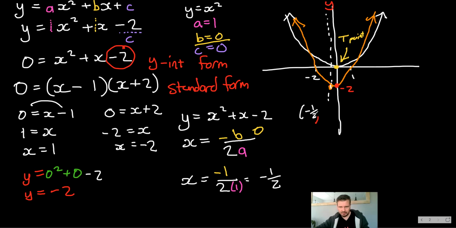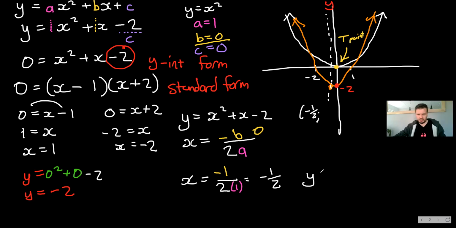And then the y value, we can simply substitute that negative half back into this equation. So to find the y value, x, we said, is negative a half. And so the y value of the turning point, when we substitute this in, will be a quarter, minus a half, minus 2.